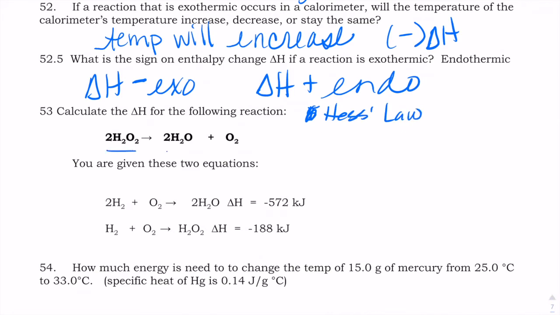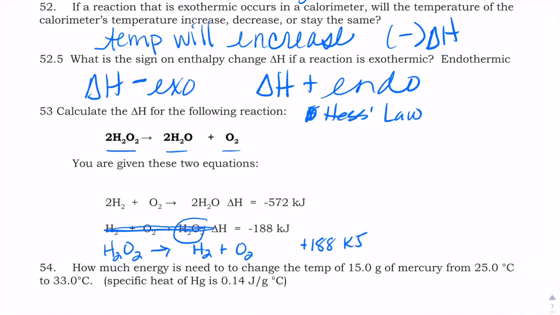All right, question 53 is a Hess's law problem. We want to reverse this equation. If I look here, I have H2O2, only it's on the product side, and I need it on the reactant side. So I'm going to rewrite this equation, and I'm going to change my signs from negative to positive.